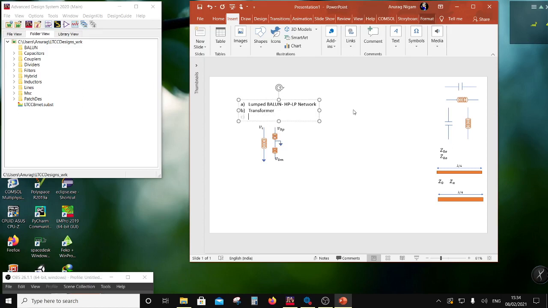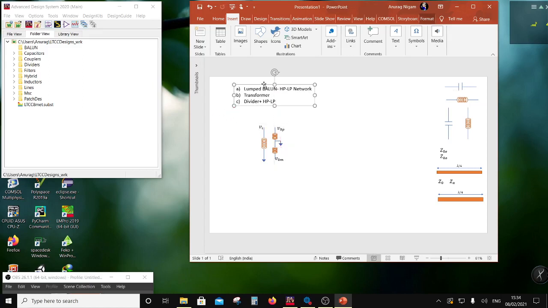The third one is you can have a divider followed by a high pass network and low pass network. So this is going to be what you call a mixed strategy. You have a distributed divider and a lumped high pass low pass network, right? So you can have divider plus low pass high pass network.